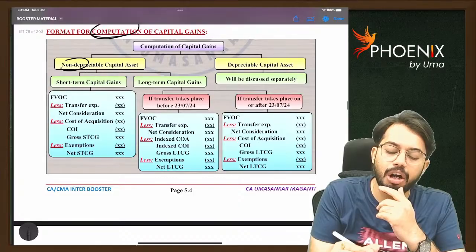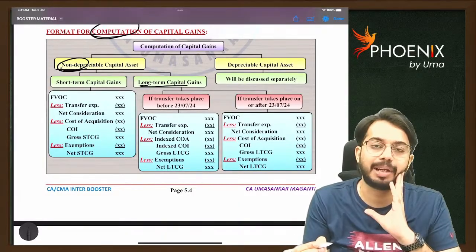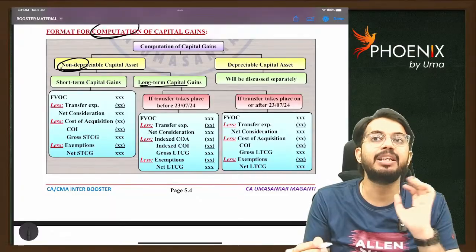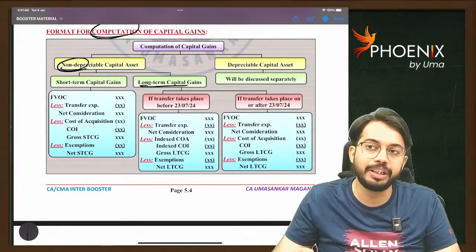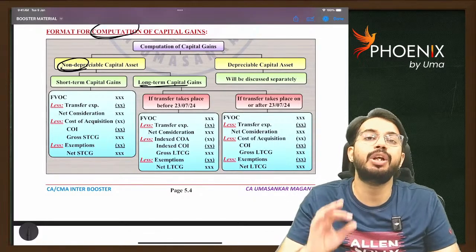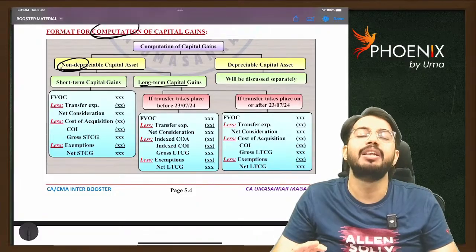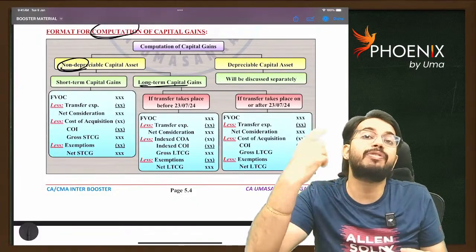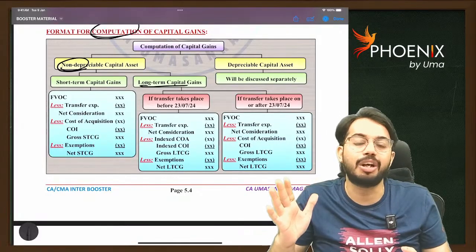But in case of non-depreciable asset, there are two things: long-term capital asset, short-term capital asset. The only difference is in case of long-term capital asset, you will claim indexed cost of acquisition or indexed cost of improvement. In case of short-term capital asset, you will claim only cost of acquisition and cost of improvement. That is the only difference. In case of long-term capital asset, you will claim indexed cost of acquisition, indexed cost of improvement.